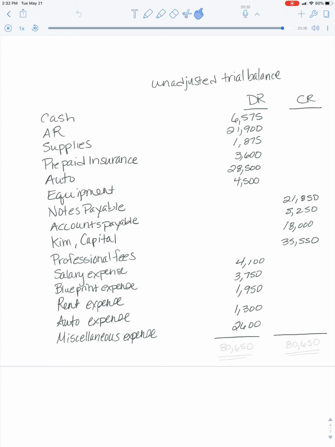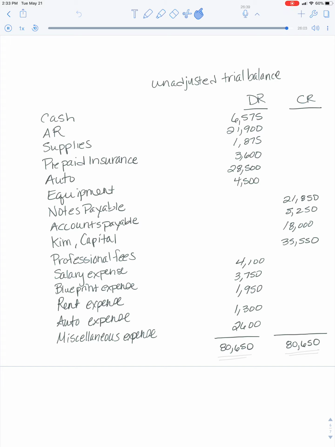So mine are 80,650, 80,650. So if you get to this point and you don't balance, that's just telling you something's on the wrong side, or you missed one. And so then go back and make sure to add them up.